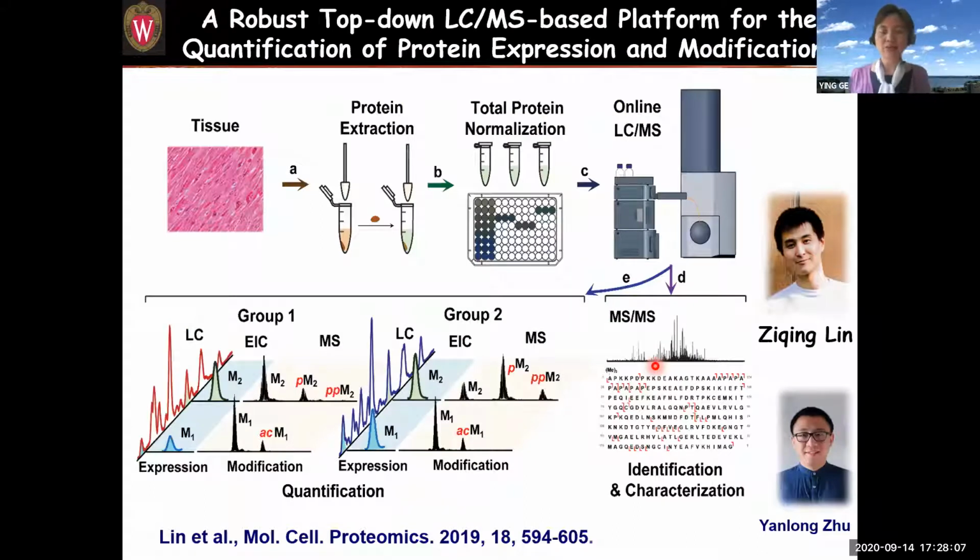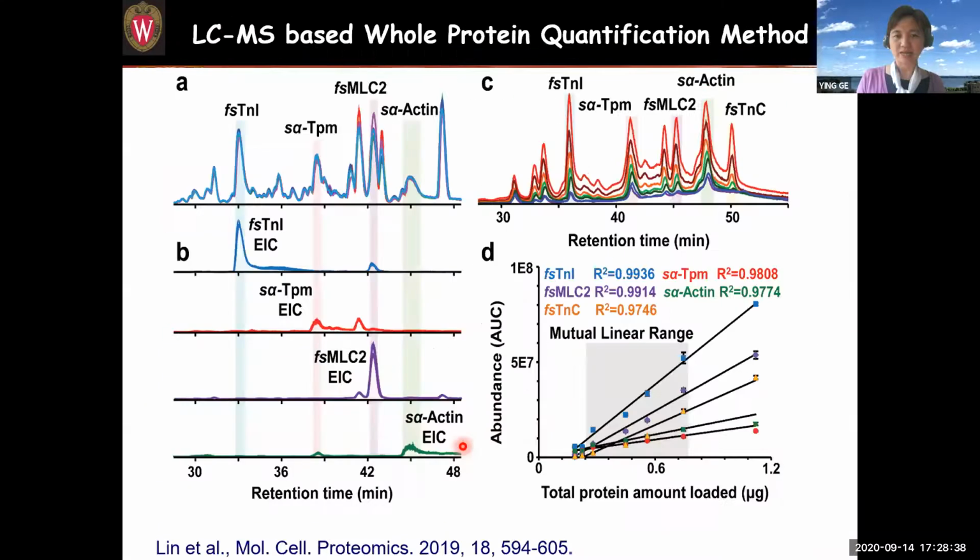Okay, so now the question about these are more qualitative determination and analysis. In order to bridge with biology analysis, we need to demonstrate the reproducibility in the protein quantitation. So my lab has established this method that we show that you can quantify the protein expression level and also modification simultaneously.